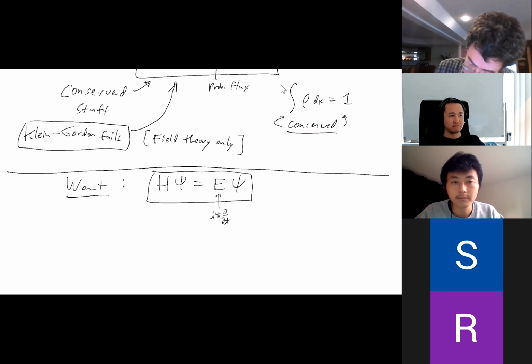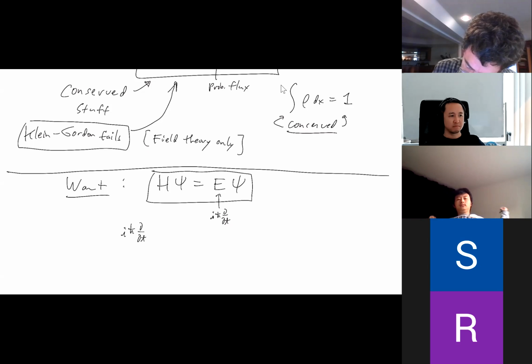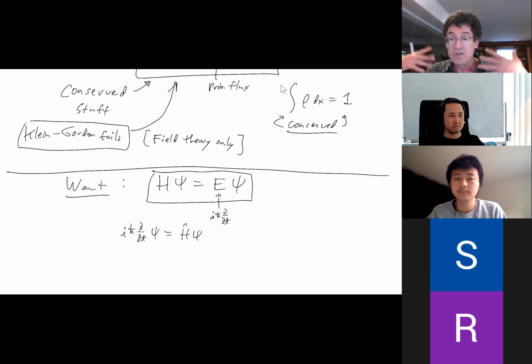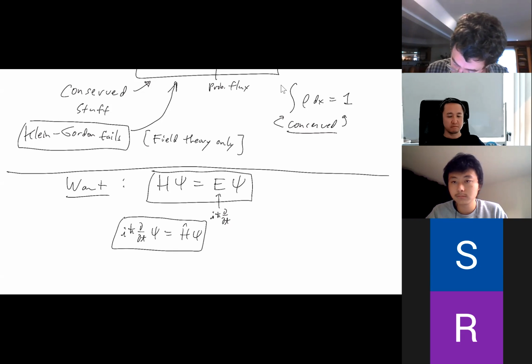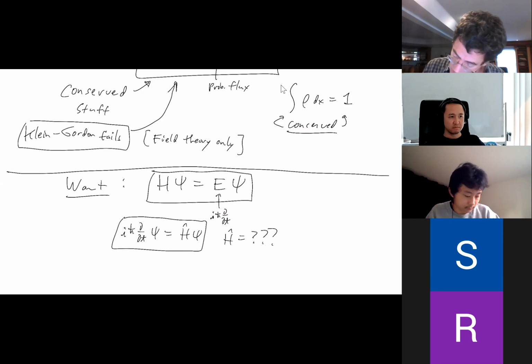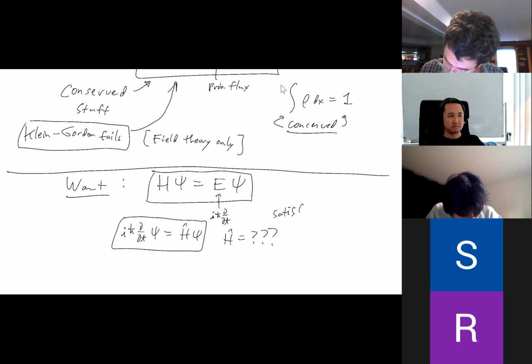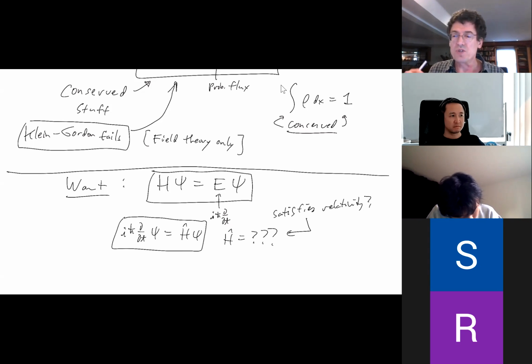So what we want is i h bar d/dt psi equal to H psi. That's our familiar Schrodinger equation. We really like this, but what is the H? What is the H that satisfies relativity? This was the conundrum.